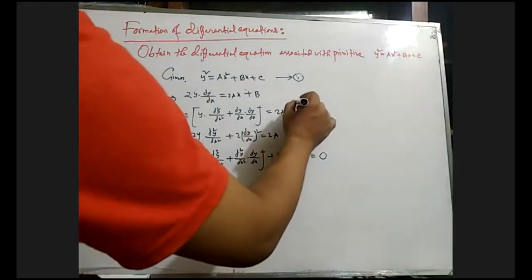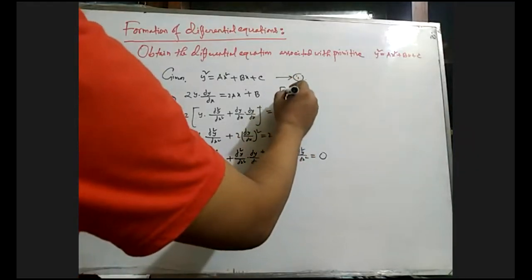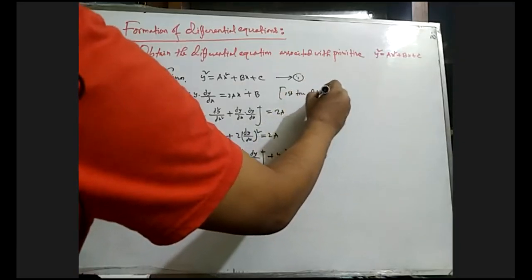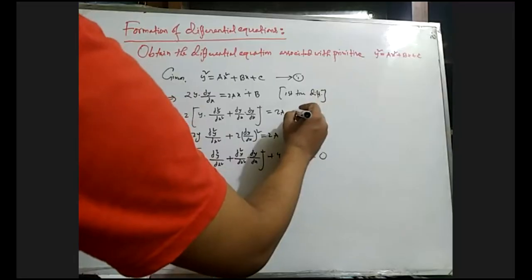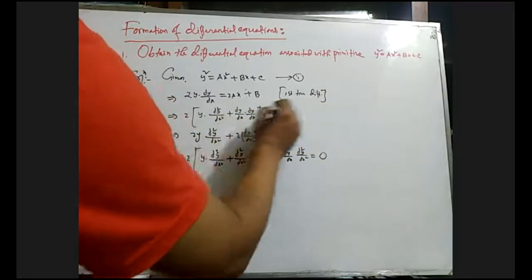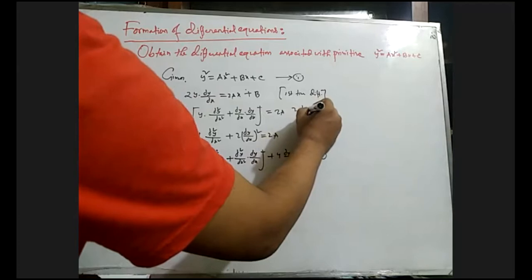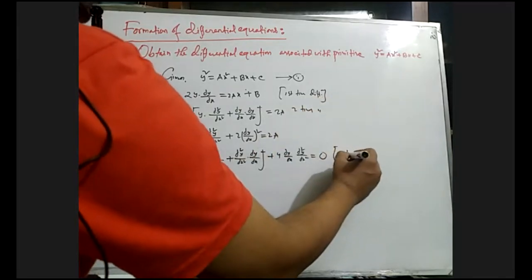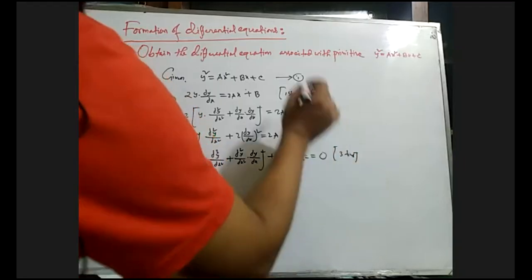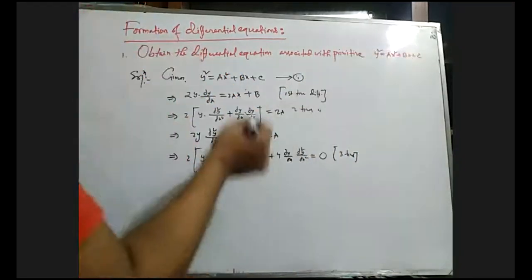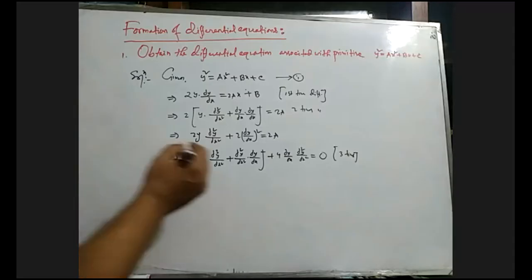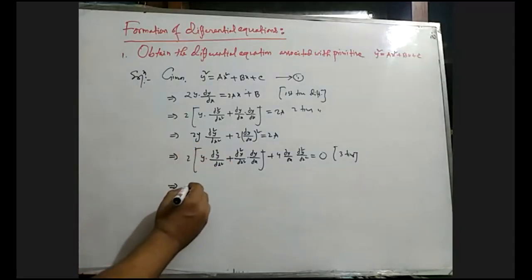So here first time differentiation, here 2 times differentiation, and here 3 times differentiation. That means to remove these 3 constants, we have to differentiate 3 times.